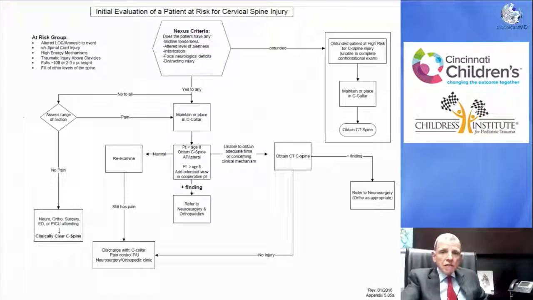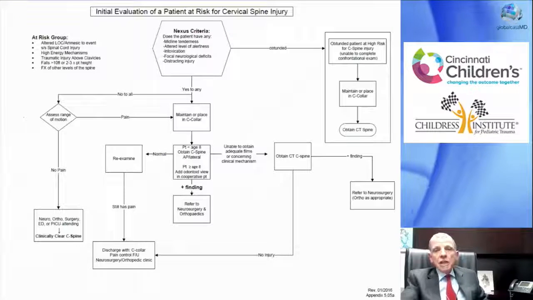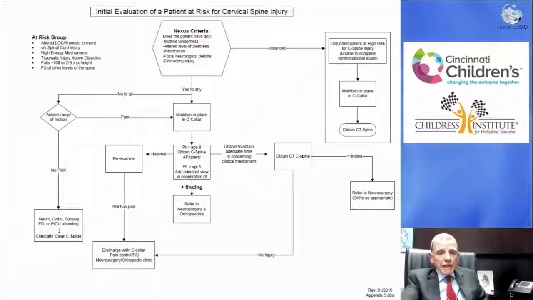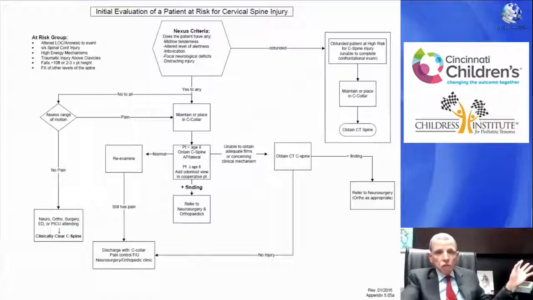If Nexus criteria are met and they're not obtunded, they go through the plain radiography pathway. Any neurological symptoms or signs get a neurosurgery or orthopedic consult, CT scanning, and fall out of this screening pathway.